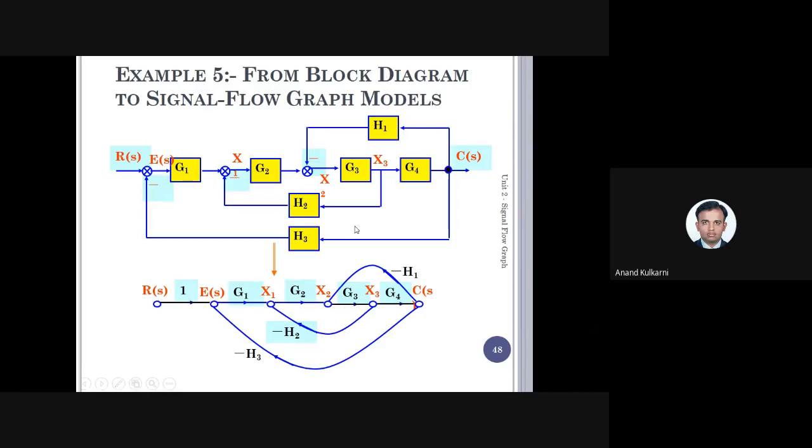Any doubts? Just observe here. This is X1, this is minus X2, this is X3. The minus sign is for H3, minus sign is for H2, then minus sign is for H1. So minus H1, minus H2, minus H3. Then E of s, X1, X2, X3, C of s. So this is how it is.